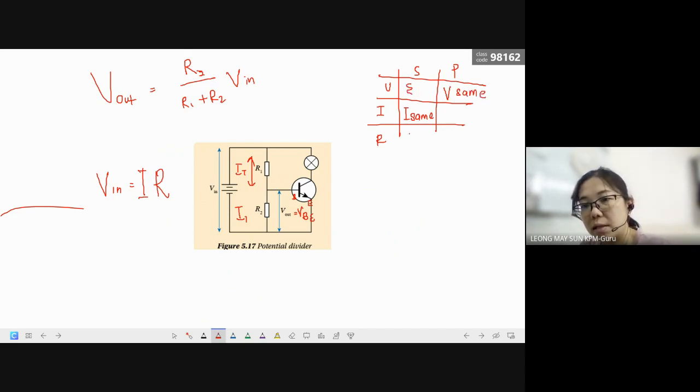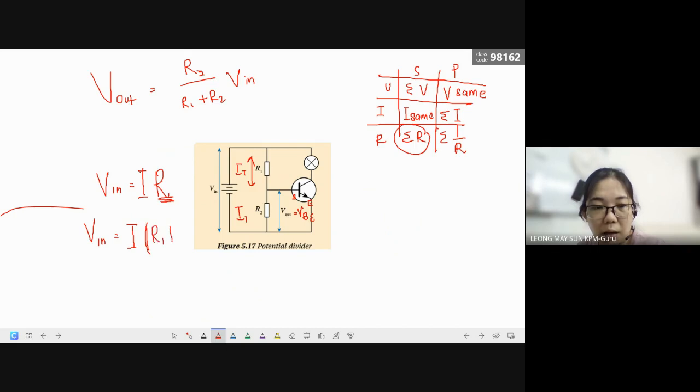In series, resistors are next to each other, so it's a summation of R. In parallel, they are above and below each other, so 1 over R. So the effective resistance here is R1 plus R2. V_in equals the current times R1 plus R2. Making current the subject, I equals V_in over R1 plus R2.